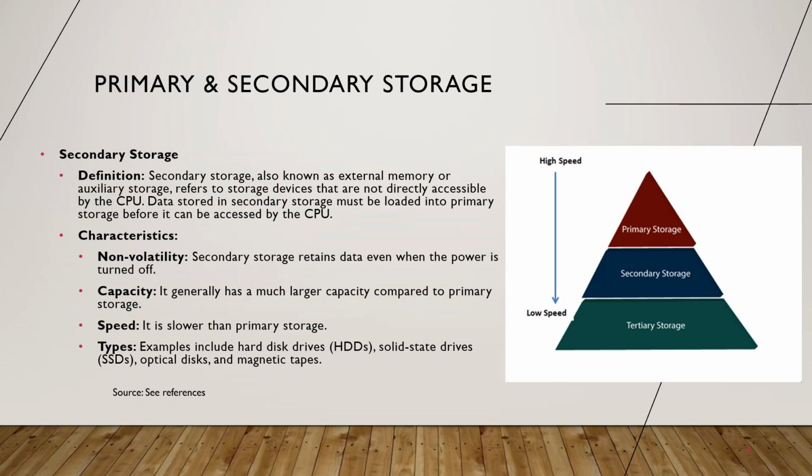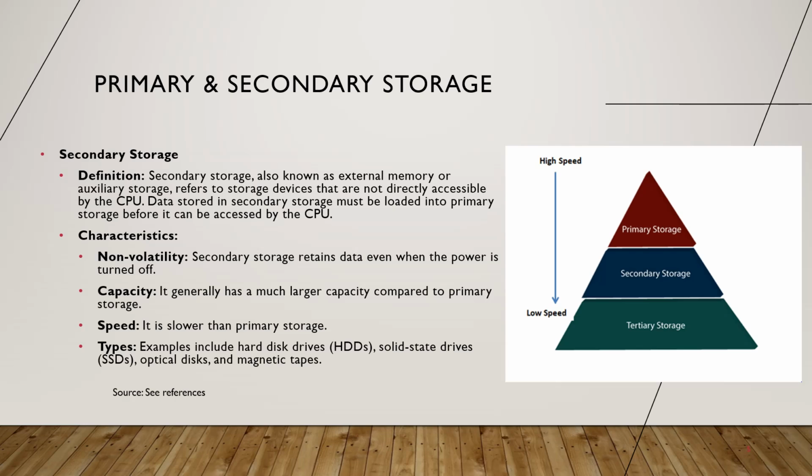Secondary storage, also known as external memory or auxiliary storage, refers to storage devices that are not directly accessible by the CPU. The data stored in secondary storage must be loaded into primary storage before it can be accessed by the CPU. Characteristics.